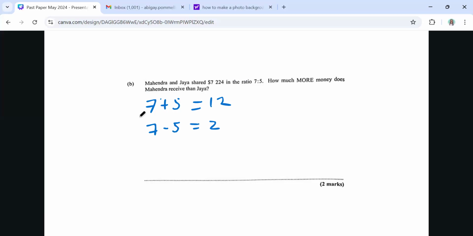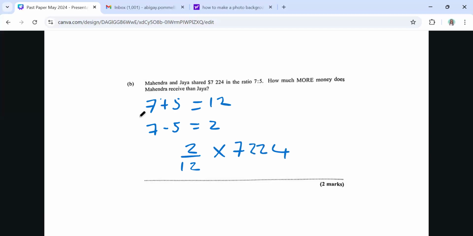So we know how much more money Mahendra received. She gets 2 more than Jane. So we're going to put 2 over 12 times 7,224.